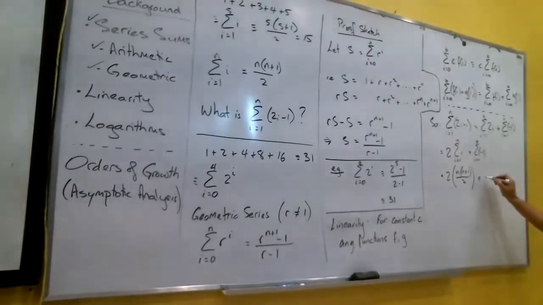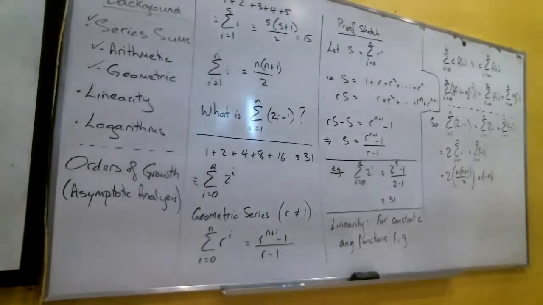Negative n. Why? It's negative 1 added to itself n times. So that's negative n. And then if I were to simplify, this is going to give me n squared plus n. And there's a negative n out there. So those go away and we get a clean n squared.